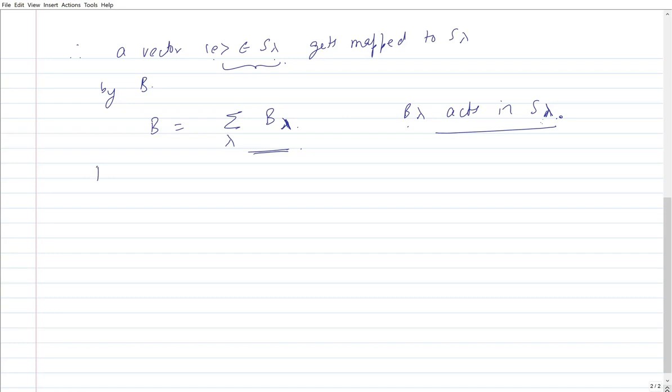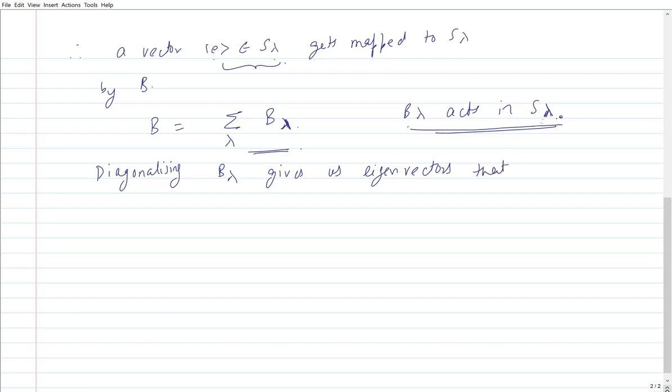Now it's easy to see, because diagonalizing each of these B lambda gives us eigenvectors that belong to S lambda.